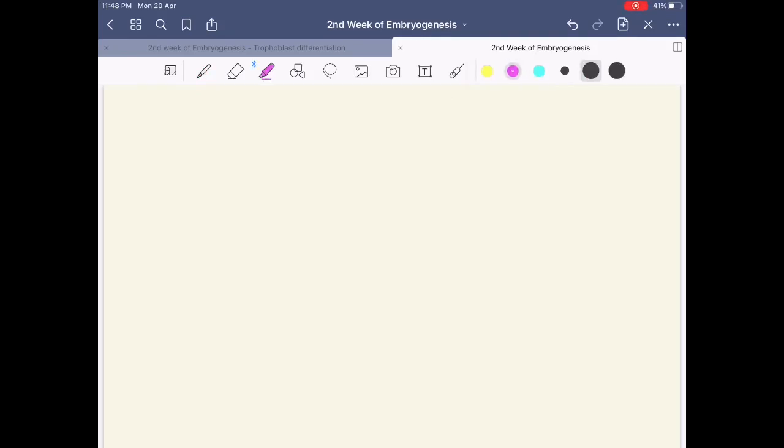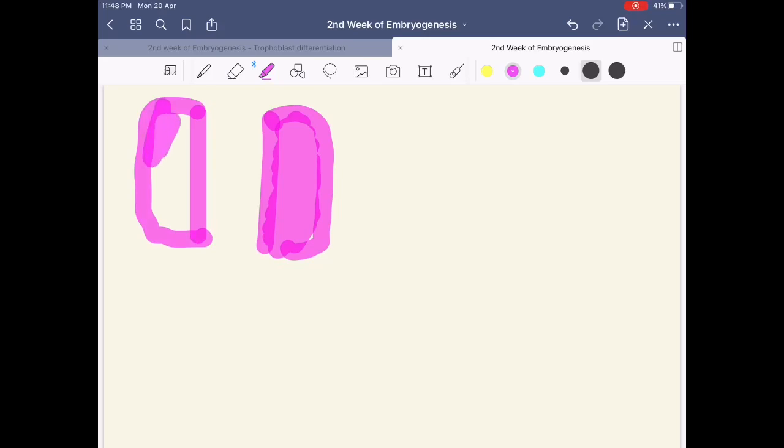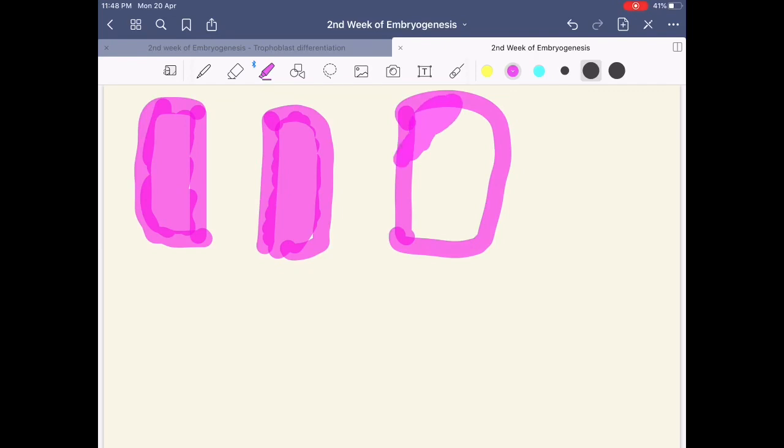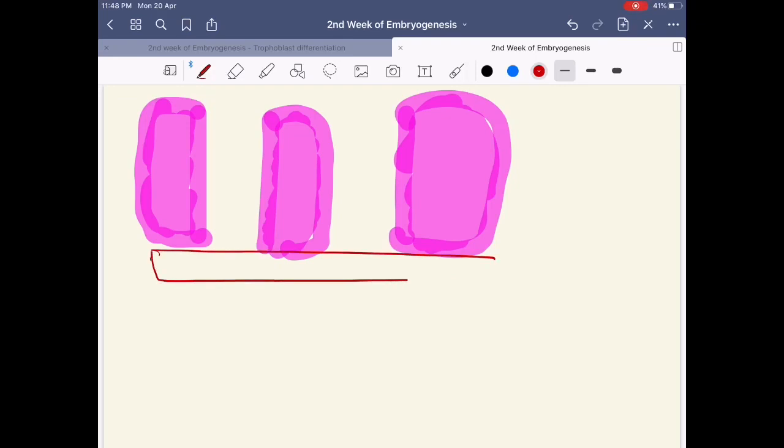We have already drawn our trabeculae, remember, like this. I'm just going to draw a portion of it, not the whole thing. These are trabeculae of syncytiotrophoblast, and here you had your cytotrophoblast.